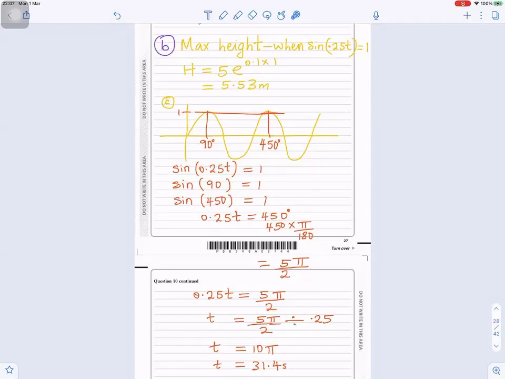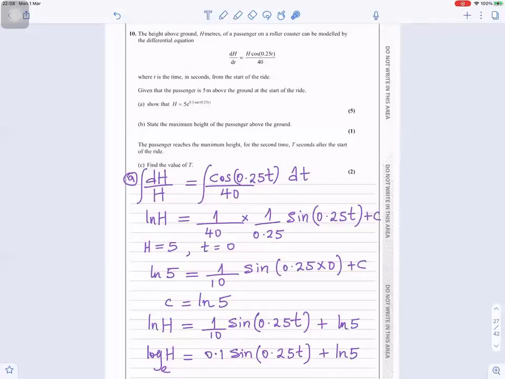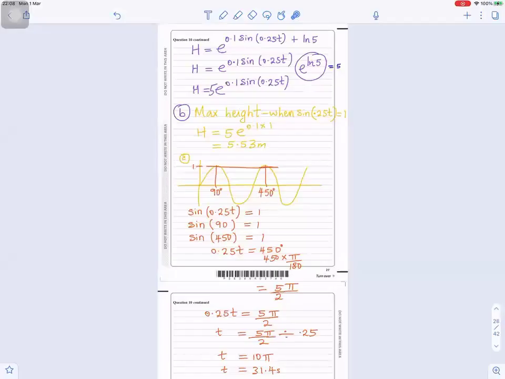When you want to change degrees to radian, you multiply by pi over 180. So 0.25t is equal to 5 over 2 pi. So you take the 0.25 to the right, you divide by 0.25, and t is equal to 10 pi. 10 times pi is 31.4 seconds. That's question 10A. Question 10B and C.